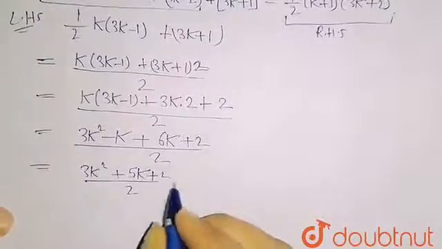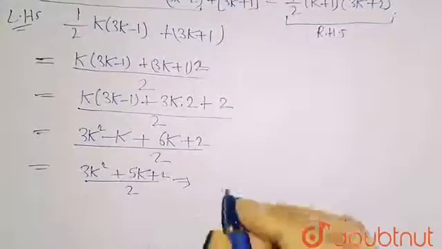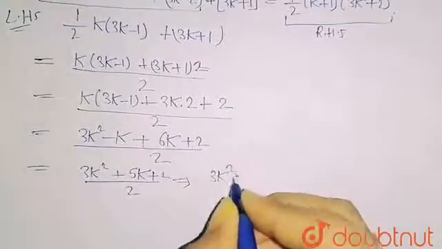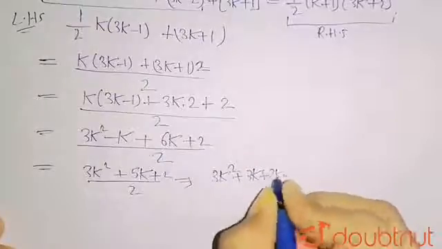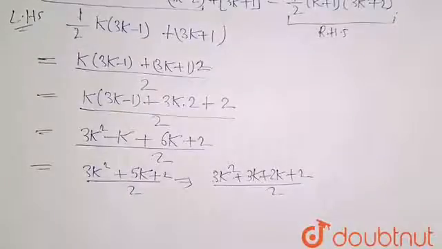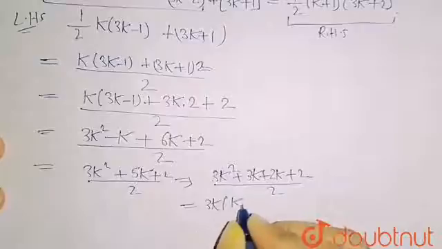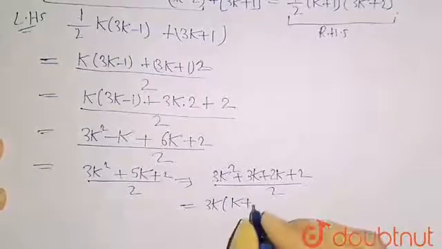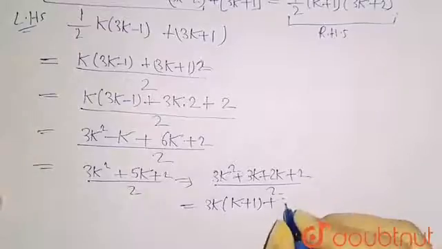Now you have to factorize this term. Okay. So you can break it in parts. So I am breaking 5k in 3k plus 2k plus 2 upon 2. Okay. So let's see what we will get. Here 3k will be common. So I am getting k plus 1 plus, here it will be your 2 will be common.